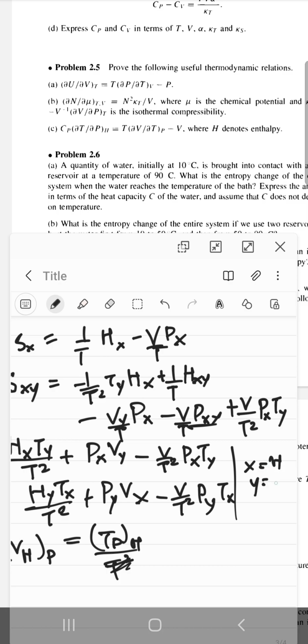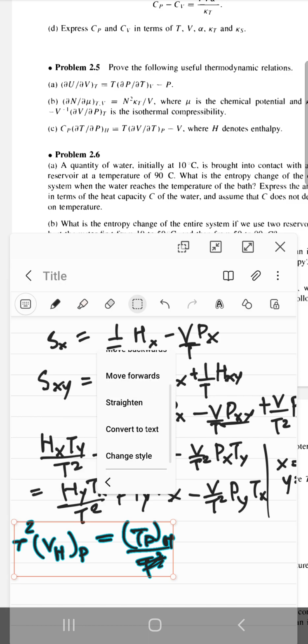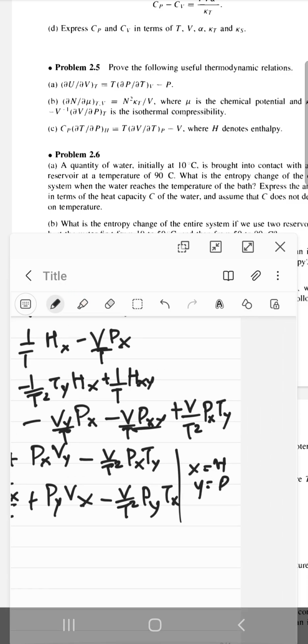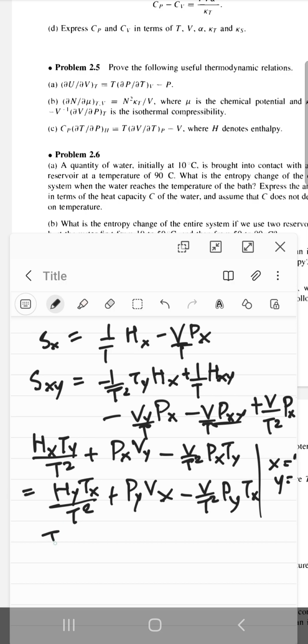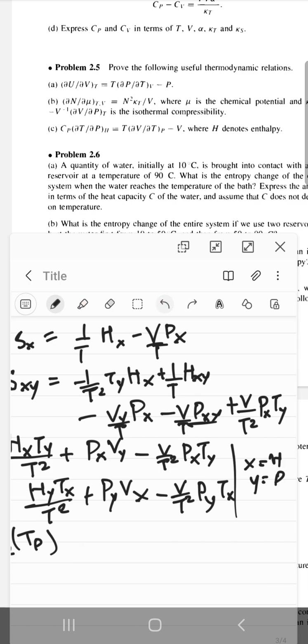And so now putting x equal to enthalpy and y equal to the pressure, let's just write this down and see what you get. So you get 1 and then T sub P, 1 upon T square plus, so p sub x, that's gone, minus V upon T square p sub x.